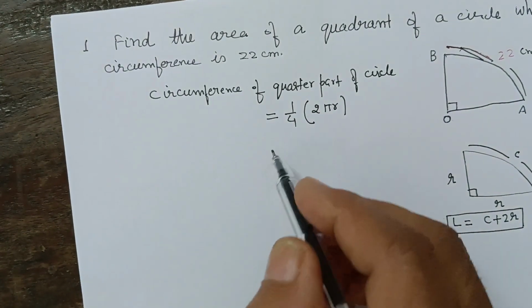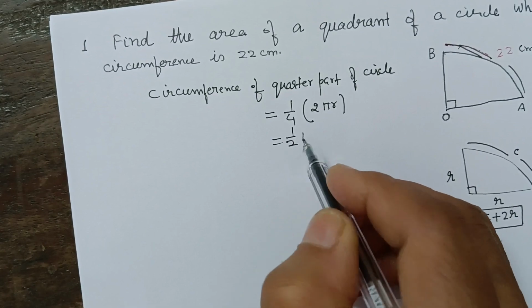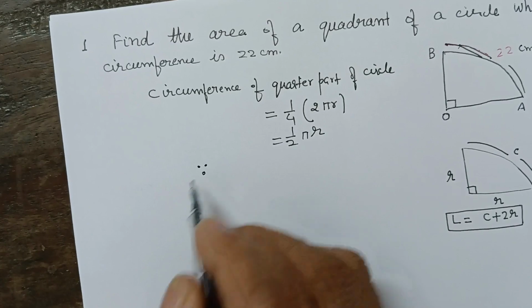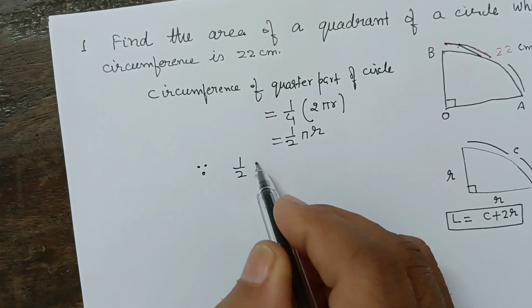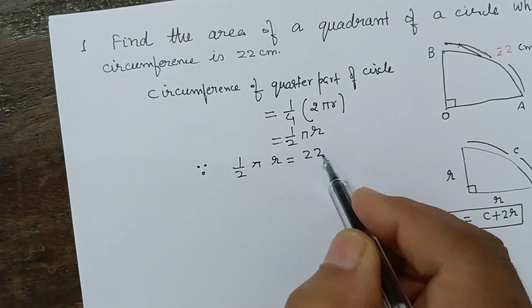Now this value is given in the question. This is 1 upon 4 of 2 pi r, and as per the question, 1 upon 4 of 2 pi r is 22.